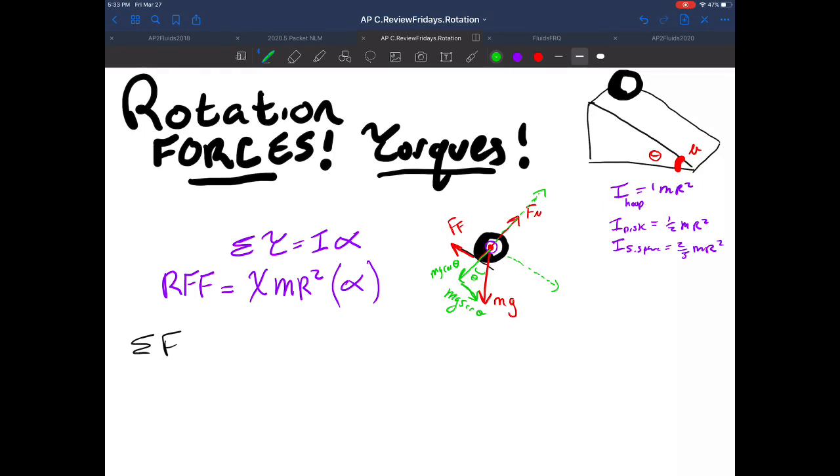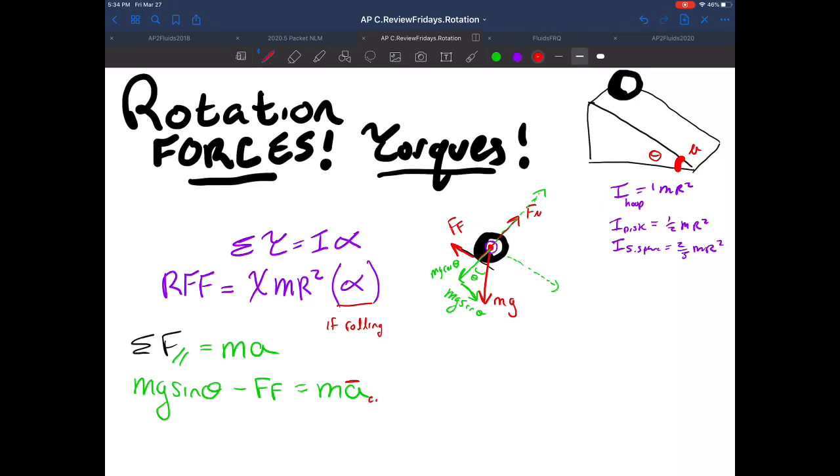So let's sum the forces that are maybe parallel to the ramp and set them equal to ma. So the forces that are parallel to the ramp, mg sine theta is pulling down the ramp. Friction force is pulling against it. Great. Let's connect these two expressions together, because alpha and A, if there's perfect rolling, will convert directly into each other.